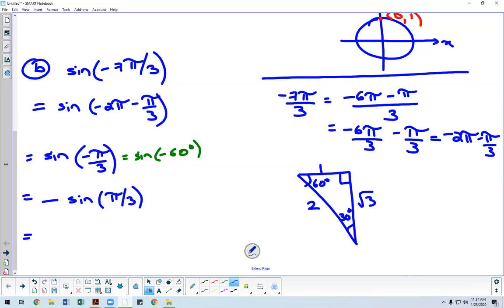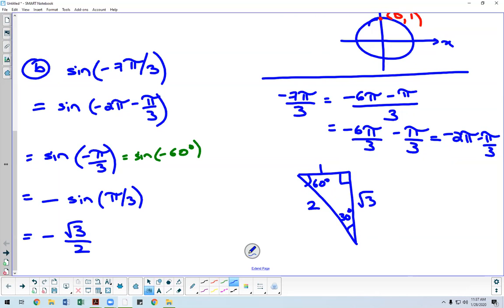So that means you're looking at root 3 over 2, because you're looking at sine, which is opposite over hypotenuse, so that's square root of 3 over 2. And it'll become negative because sine is an odd function, because of that negative sign there.